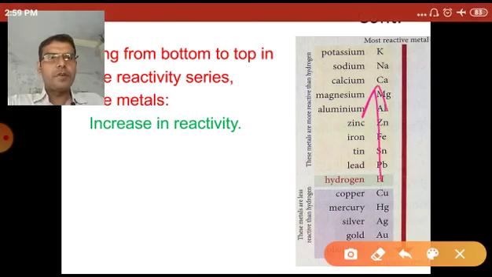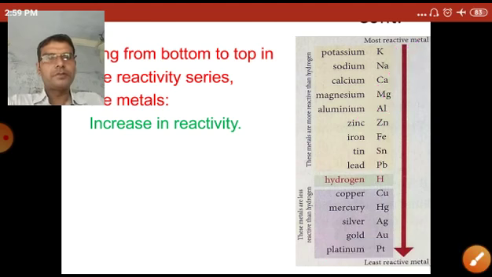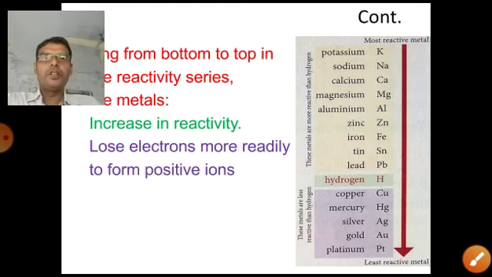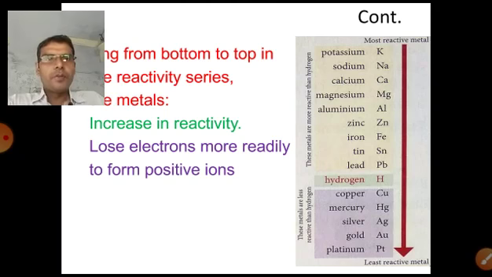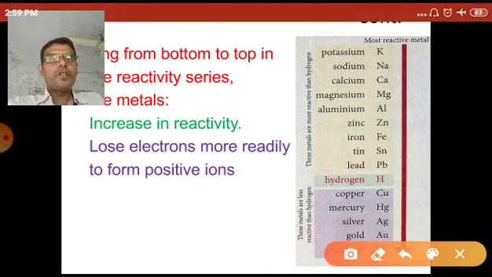That means if we consider magnesium and calcium, calcium is more reactive than magnesium. Sodium is more reactive than the other two, and potassium is more reactive than the other ones. So the reactivity increases. Next, when we move from bottom to top, metals lose electrons more readily to form positive ions. The reactivity of the metals is arranged according to the tendency to lose their electrons.